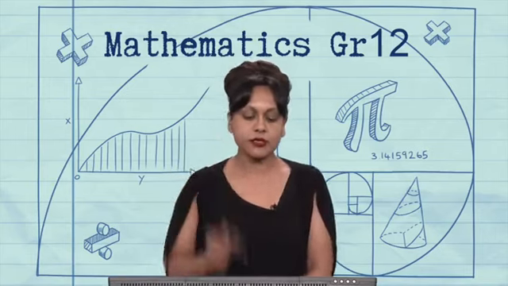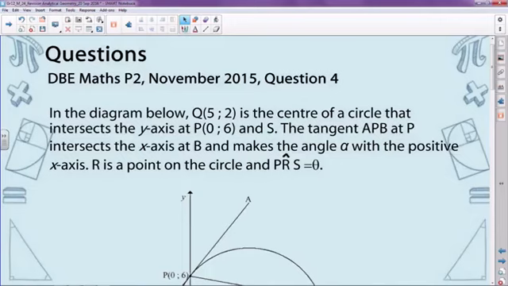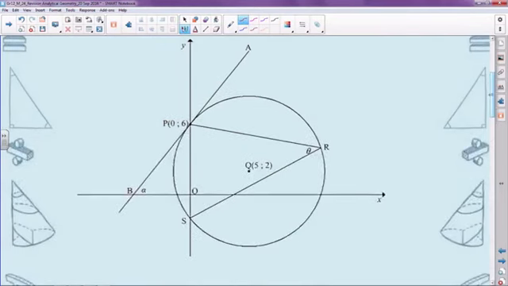We are told that in the diagram below, Q, which is the point (5, 2), is the center of the circle. So the x value at the center of the circle is 5, and the y coordinate is 2.